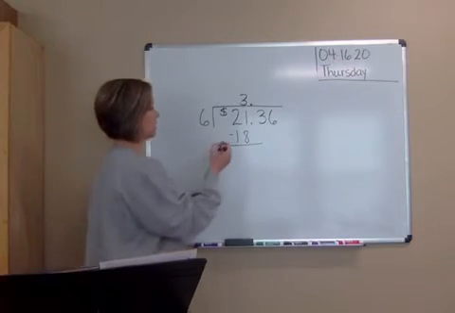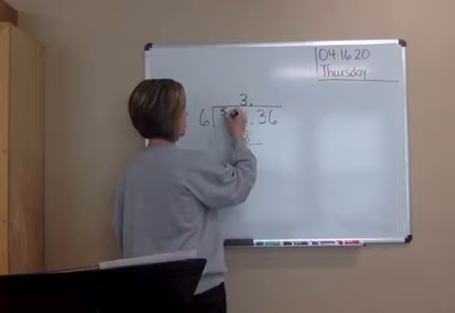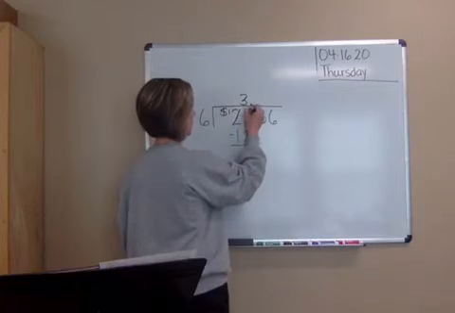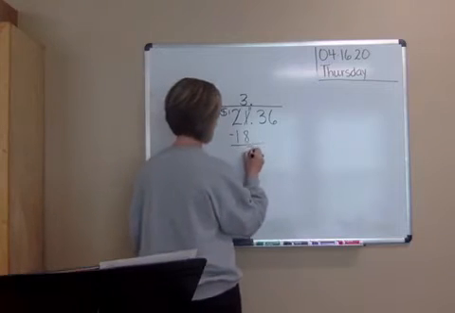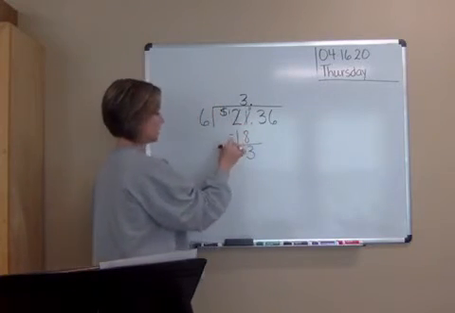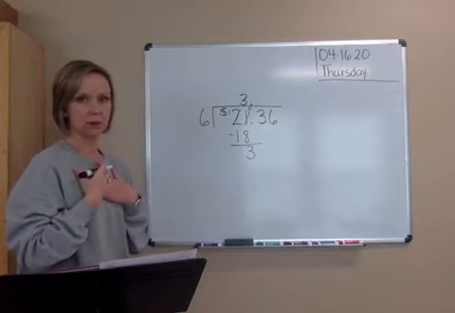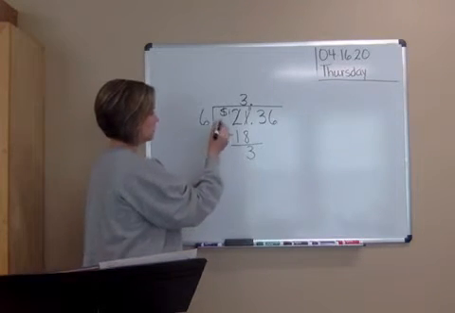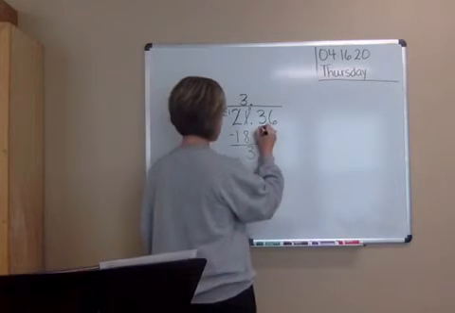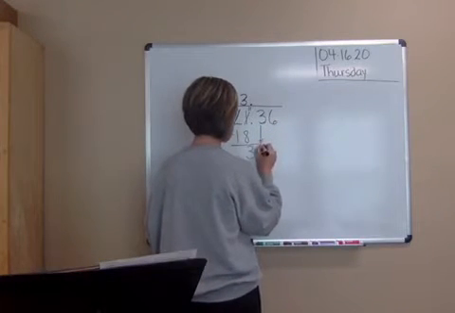I'm going to borrow here. The 2 becomes a 1. The 1 becomes 11. 11 minus 8 equals 3. Correct. 1 minus 1 is 0. I'm going to not put in the 0 because it's too many numbers. Okay? 3 smaller than 6. Next step, we bring down our next 3.